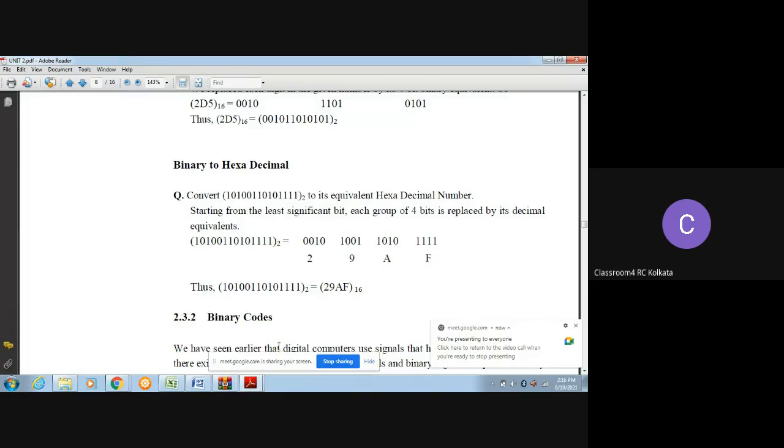Before 3 it is 2, that is plus 2 into 8 to the power of 1. Then what? Anybody?